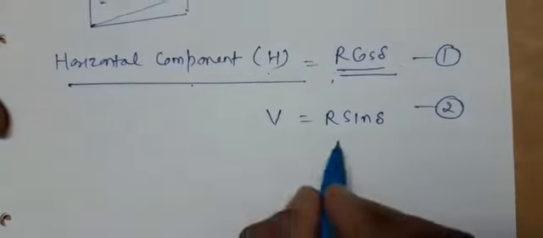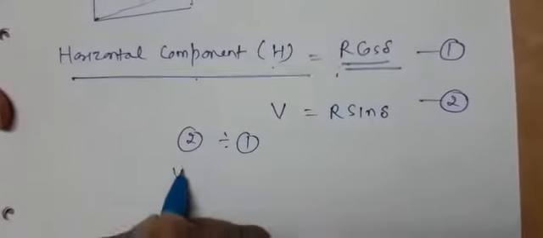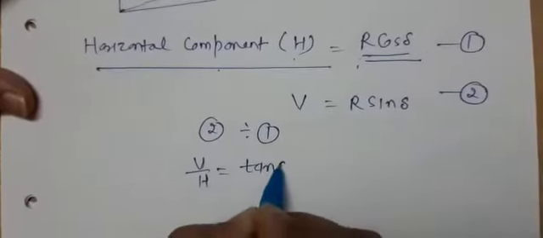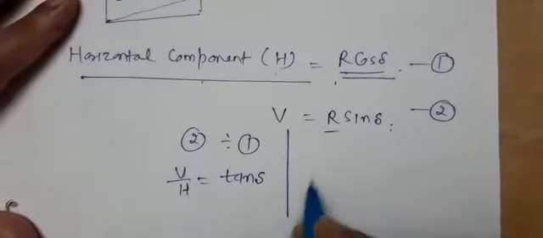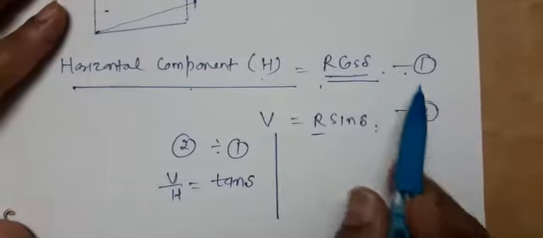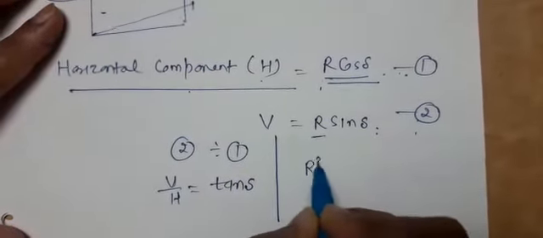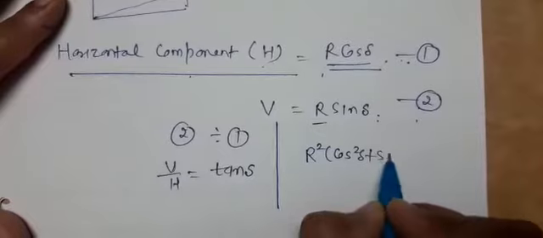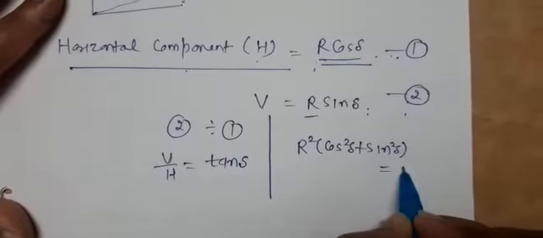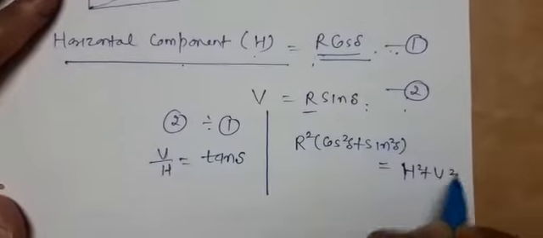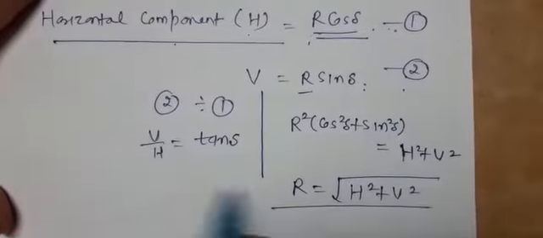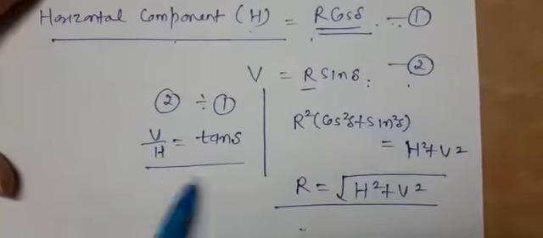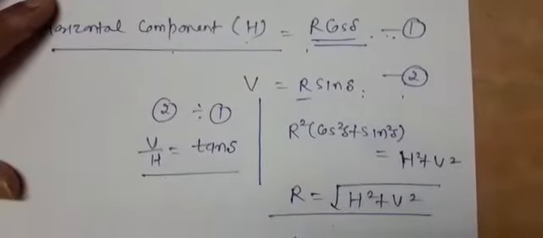If I divide equation 2 by 1, V upon H will be tan delta. Now if I want to find total strength of earth magnetic field, I square and add the first and second equation, and we get R square into cos square delta plus sin square delta, which is equal to H square plus V square. So in simple terms, R is the square root of H square plus V square. These formulas will be used in numericals.